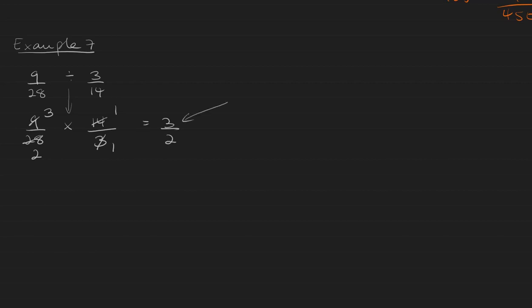This here is what you would call an improper fraction. Most of the time, you're not supposed to leave your answer as an improper fraction. So what you do is you write it in a different form. This here is equivalent to 1 and 1 over 2. You simply get this by seeing how many times 2 can go into 3, and you simply take the remainder and put it over the 2. So 3 can be divided by 2 once, and then it will remain with 1.